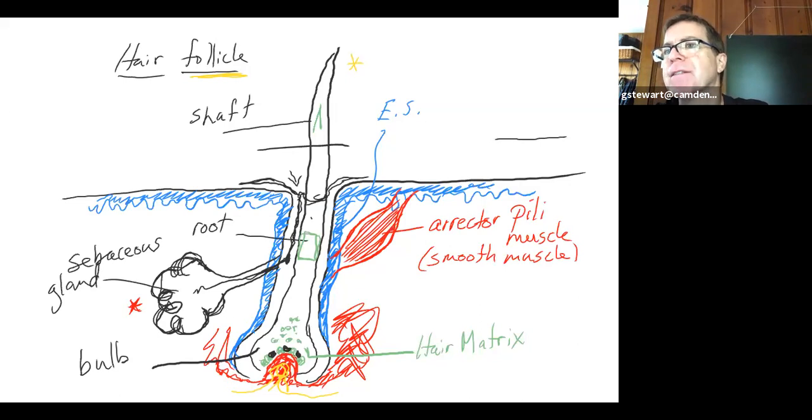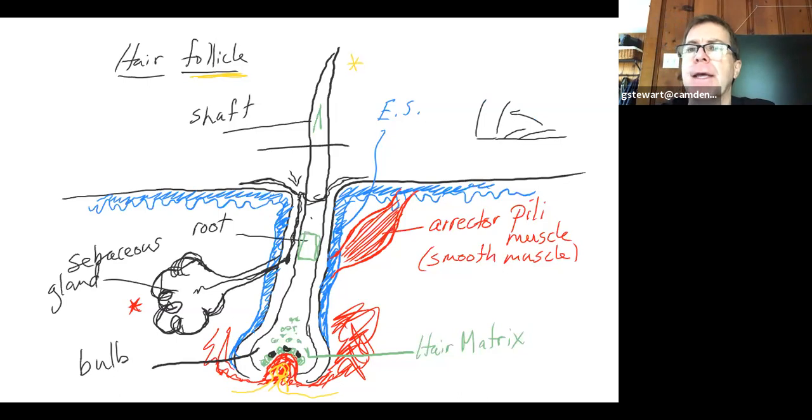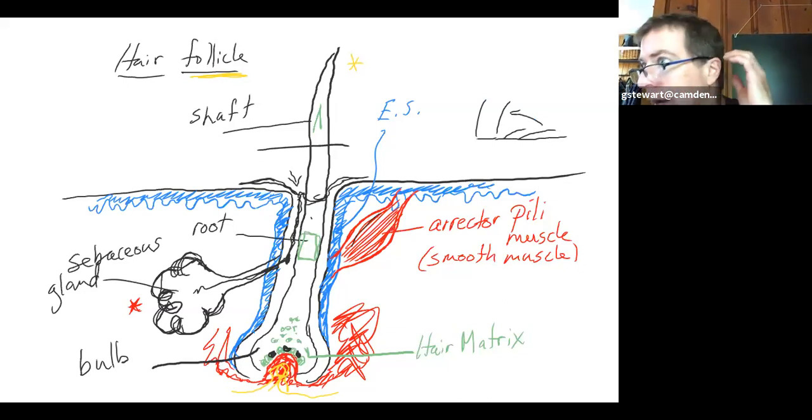When it's relaxed, our hairs tend to be laying down like this. When that muscle contracts, it makes our hair stand up on end like this. So they contract when we're cold, and our hair standing up helps conserve the warm air close to our skin, so it helps conserve body heat. And they also contract when we are really stressed out or frightened.